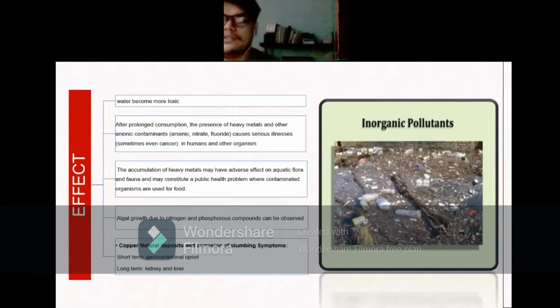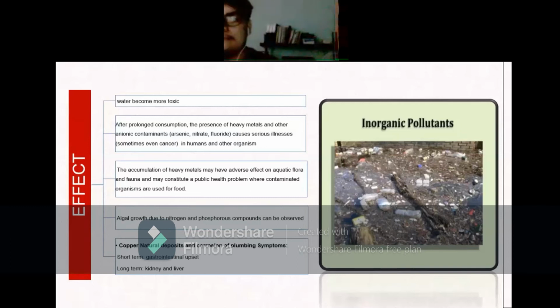The other effect is that algae growth due to nitrogen and phosphorus compounds can also be observed. And the last one is natural deposits and corrosion of the plumbing system, where corrosive water can dissolve high concentrations of copper from pipes and fixtures. Copper can cause blue-green stains in the sink and a metallic taste in water, especially with water in contact with the metal pipe for several hours, maybe one day.